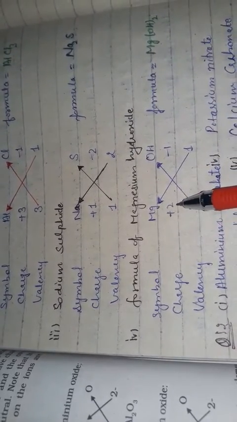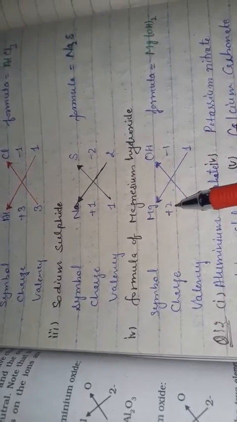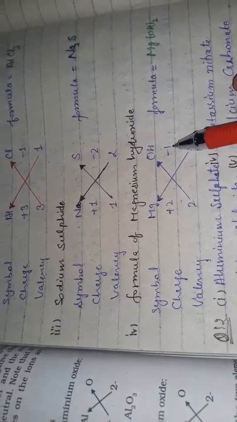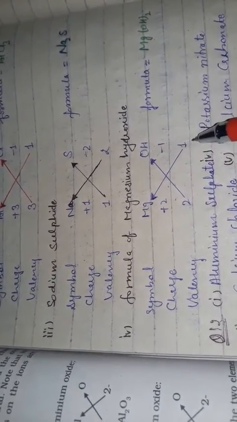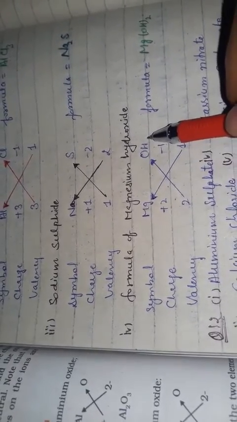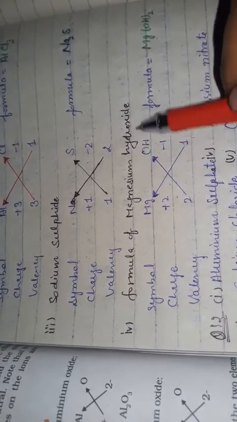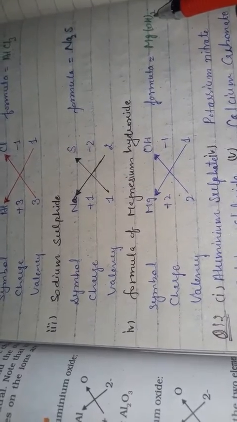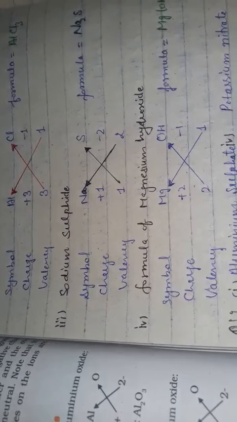Here magnesium is Mg and hydroxide is OH. Magnesium acquires a charge of 2 positive and hydroxide acquires -1. So the valency is 2 for magnesium and 1 for hydroxide. Crossing over these valencies, the formula for magnesium hydroxide is Mg(OH)2. Okay students, so this is about the formulas.